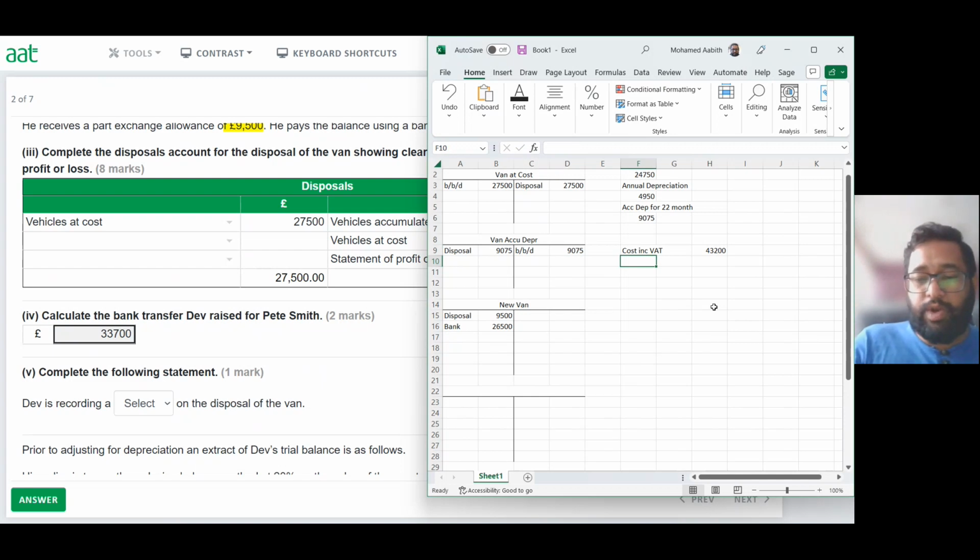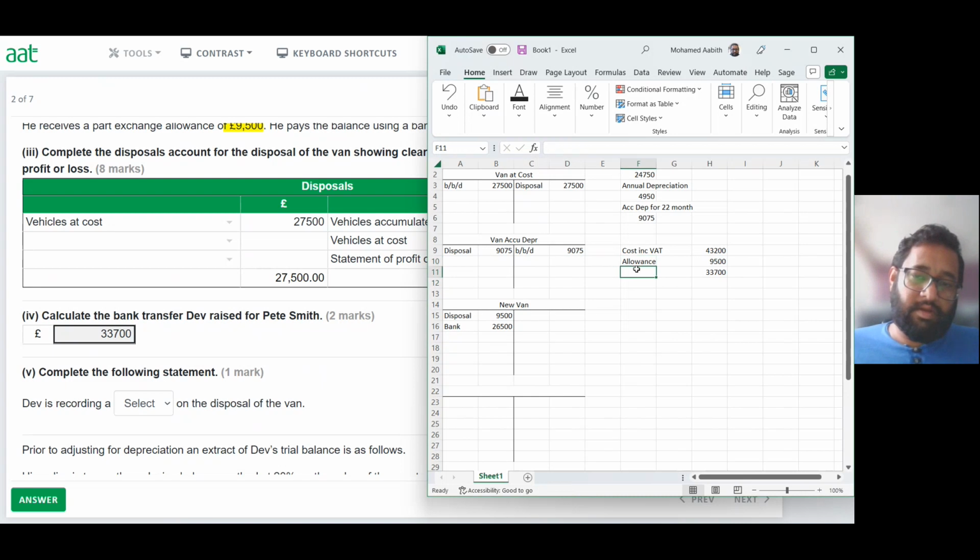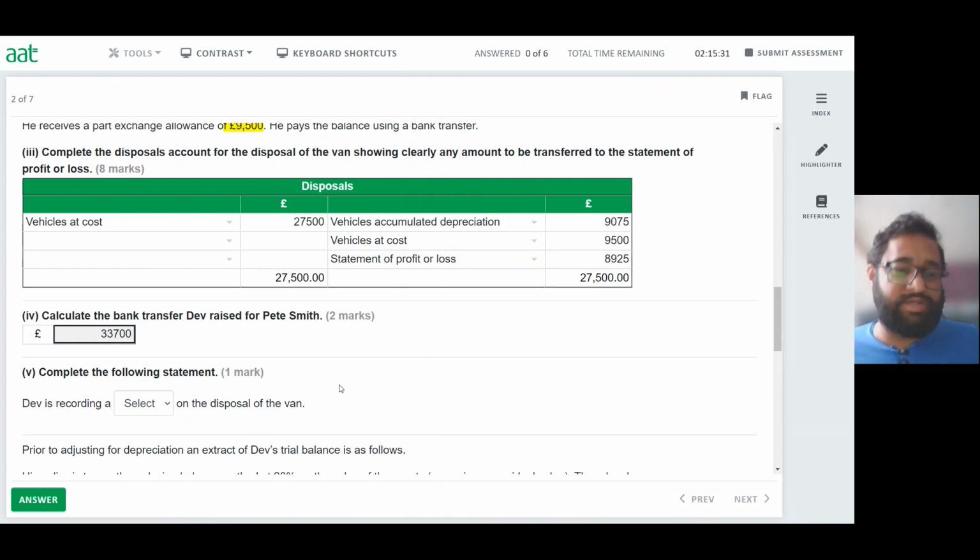So if that is the cost including VAT, the allowance is just 9,500 pounds, and then whatever is left to pay is going to be this minus this, and I'm getting 33,700. Bank payment.